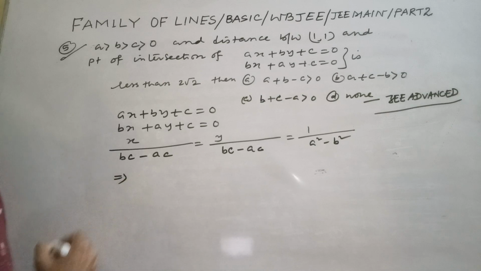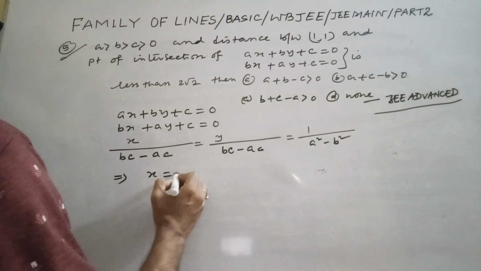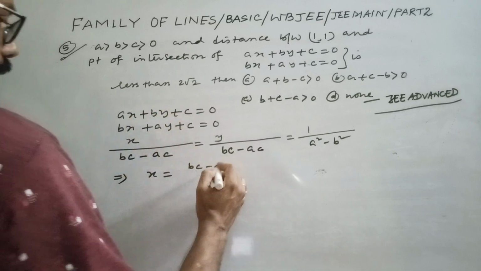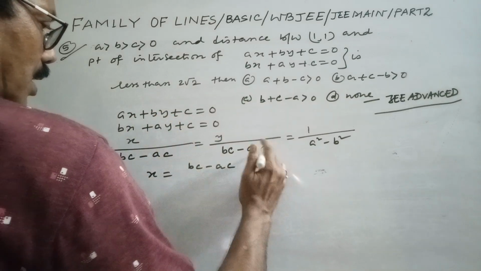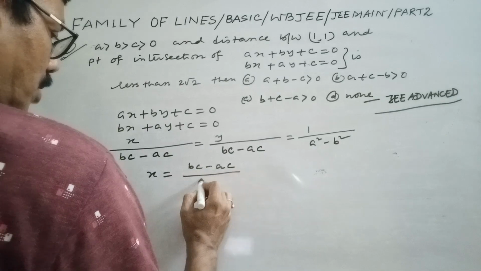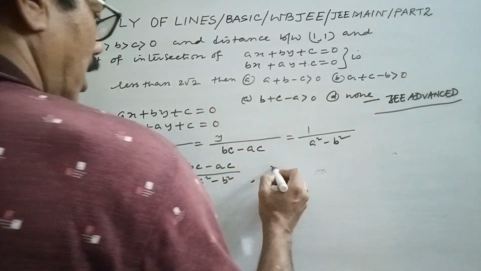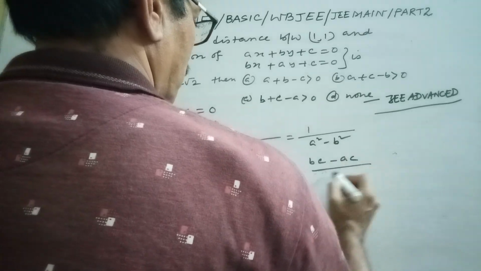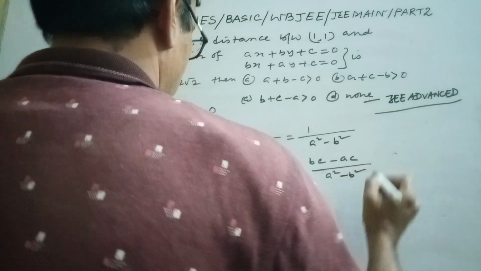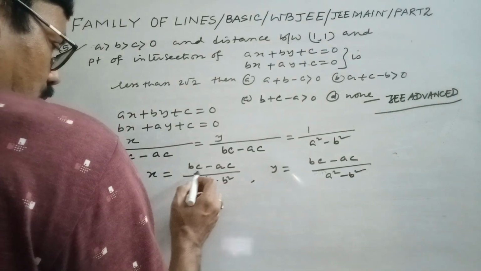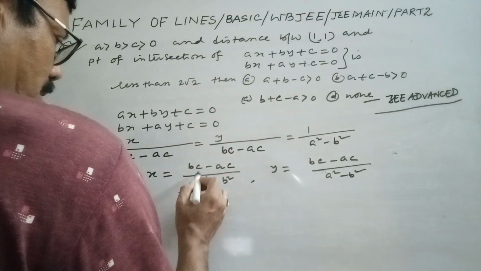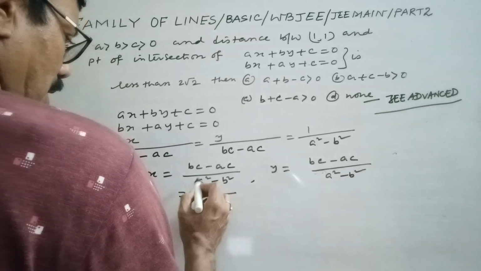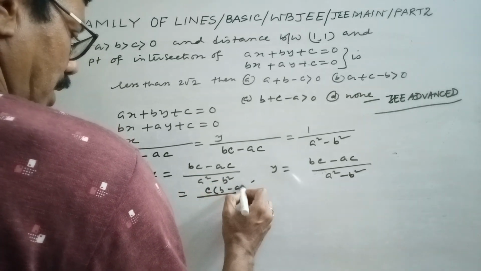So what we are getting, x equals bc minus ac by a square minus b square. And what is y? bc minus ac by a square minus b square. So c common, b minus a, c into b minus a.